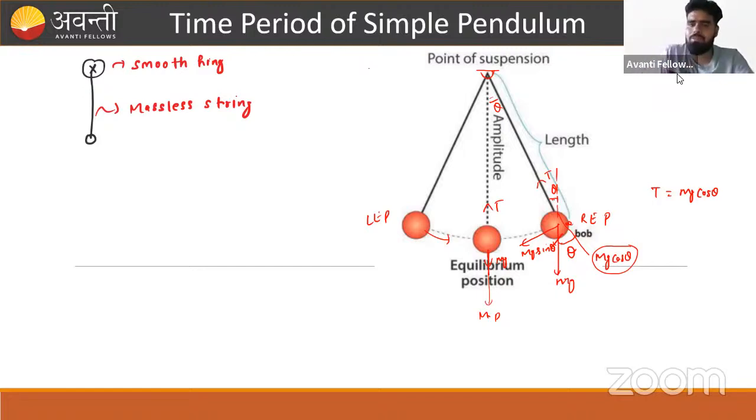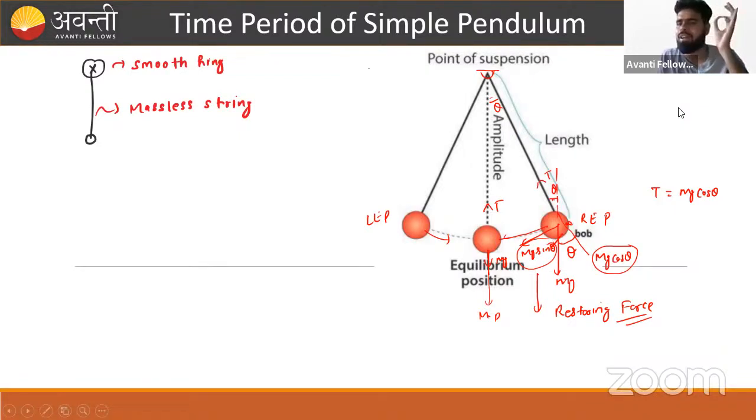So we can say that this mg sin theta is responsible to bring this bob to its mean position. So this mg sin theta is acting as a restoring force, and because of this restoring force, the bob will come back to its mean position.